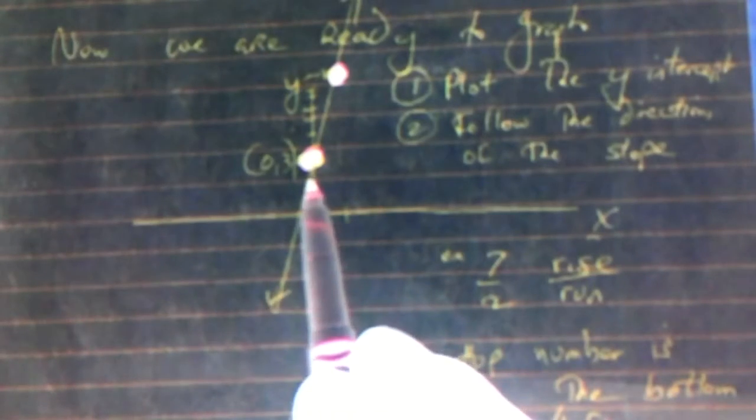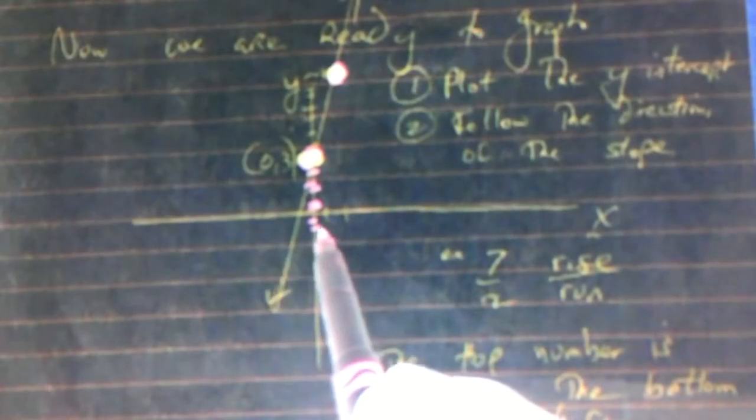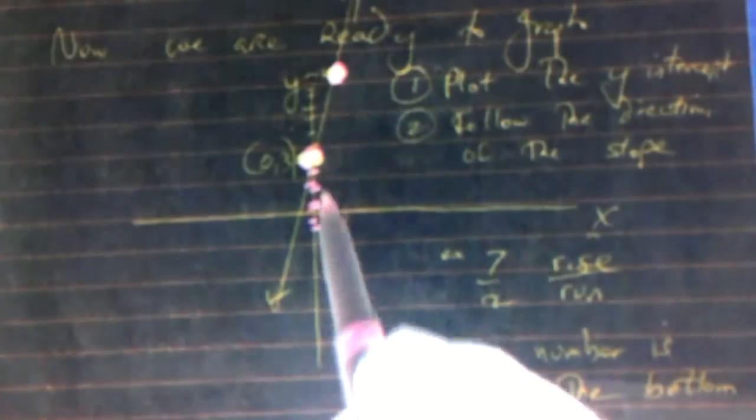Whenever you have two points, the other thing you could do is go down 7, 1, 2, 3, 4, 5, 6, 7, and then left 2, because you can have minus 7. You can have this point here.